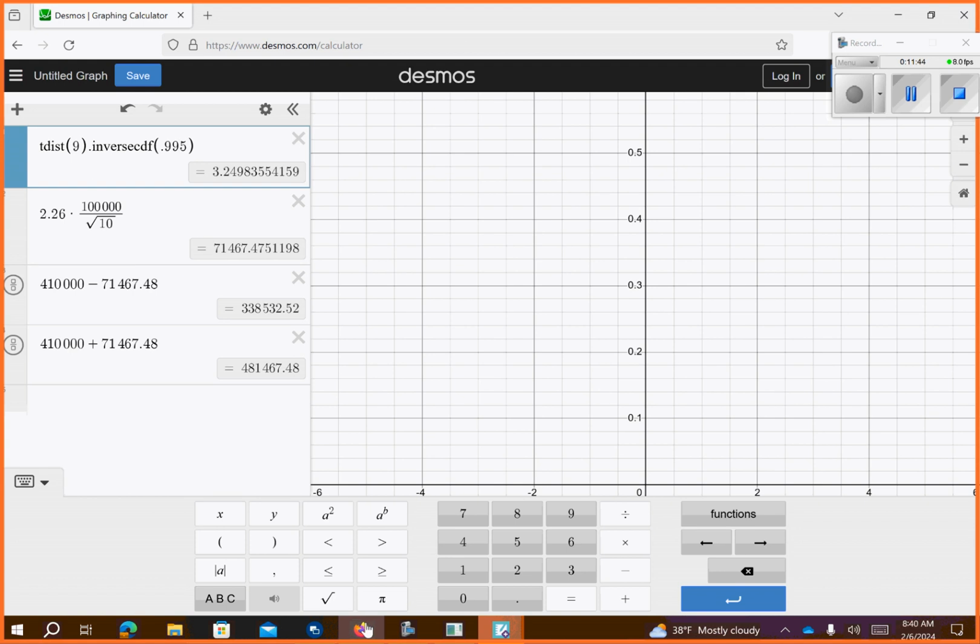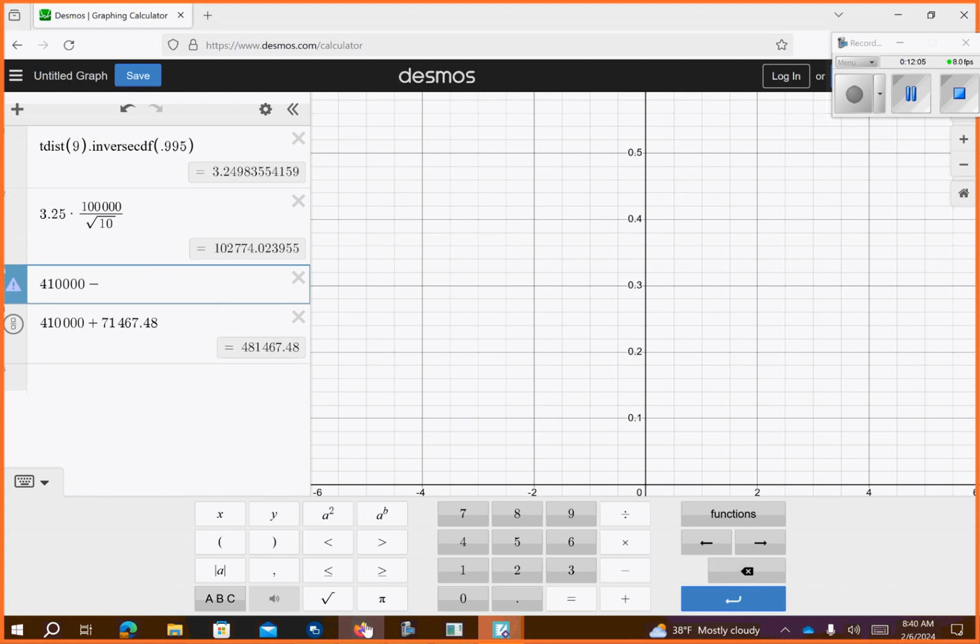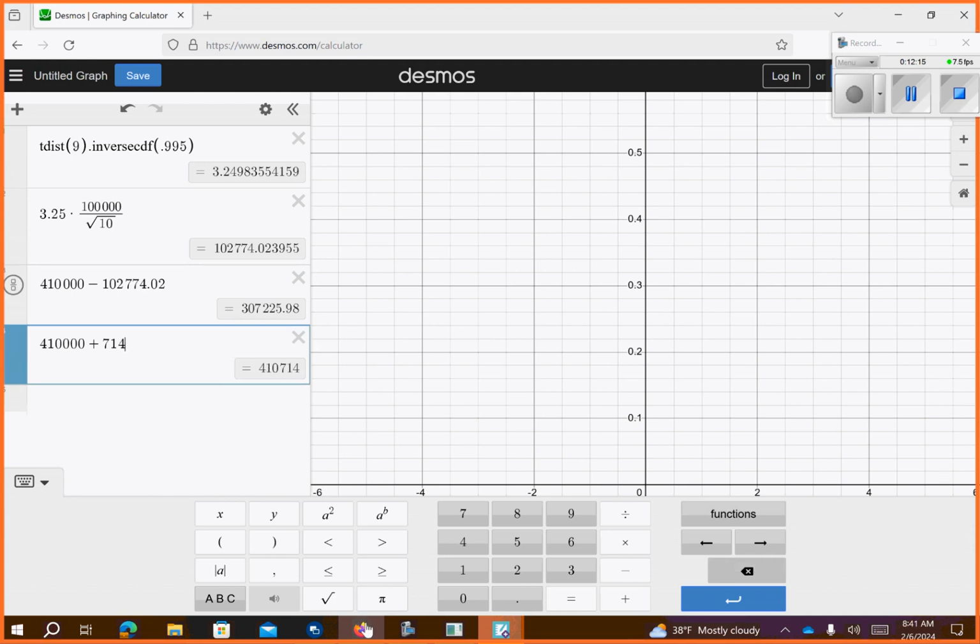Okay, so that's going to spread things out even further. If I change this here to 3.25, it's going to range out further, so this goes up to 102,774.02 and down by 102,774.02.